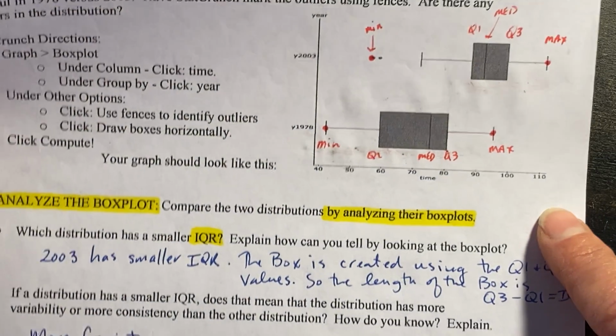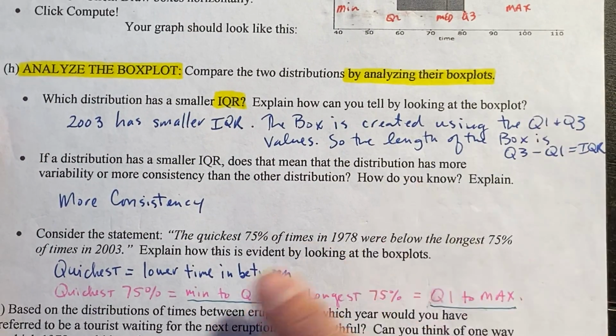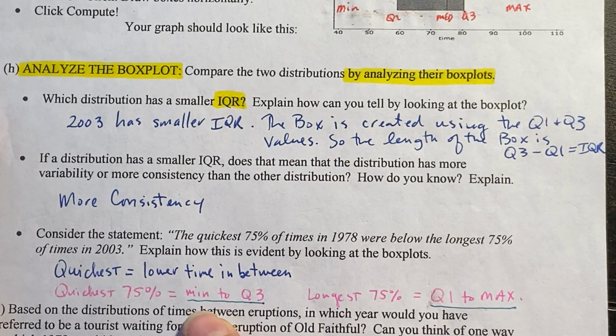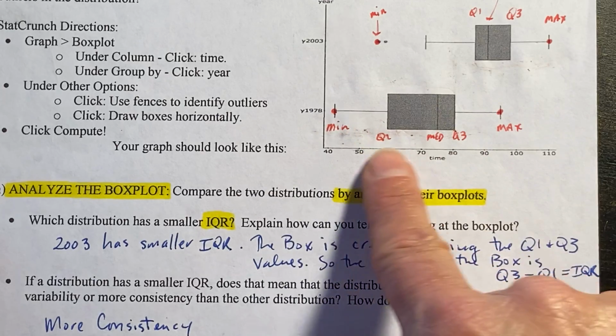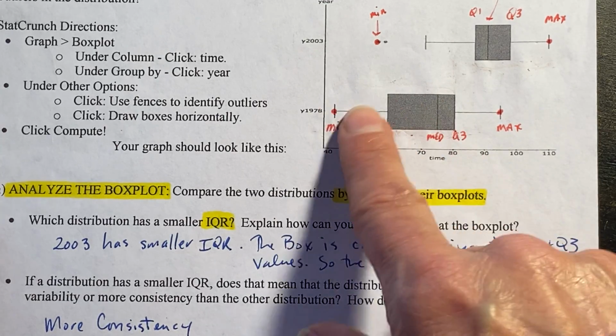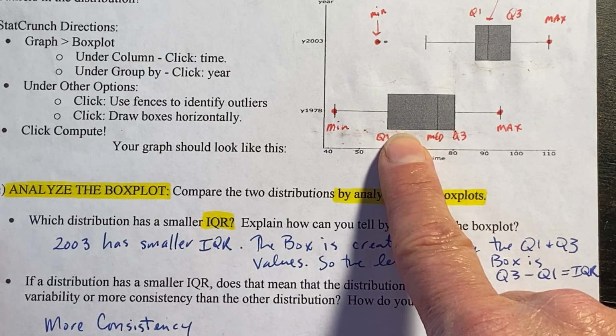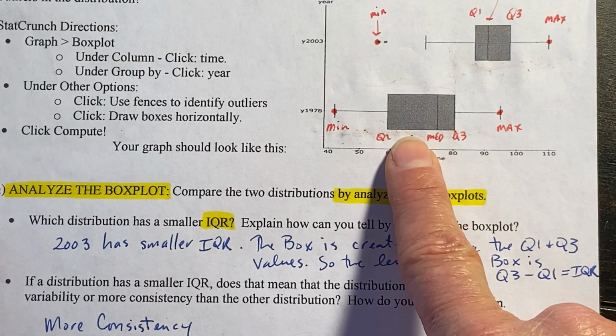So based on that, okay, the quickest time here, right, we had a lot less wait time in between eruptions, but more variability, less consistency.